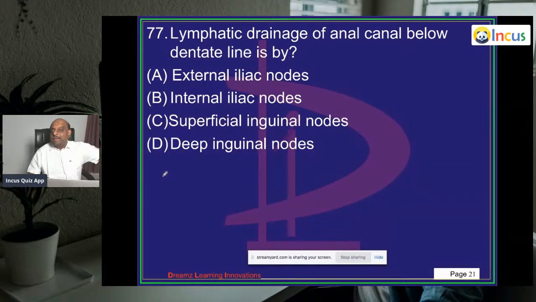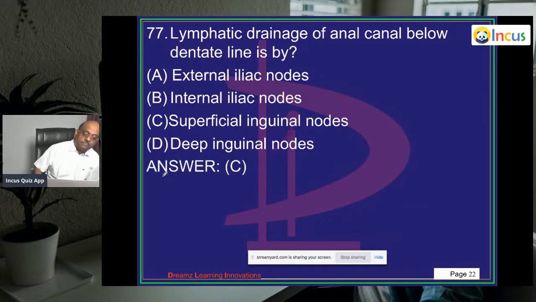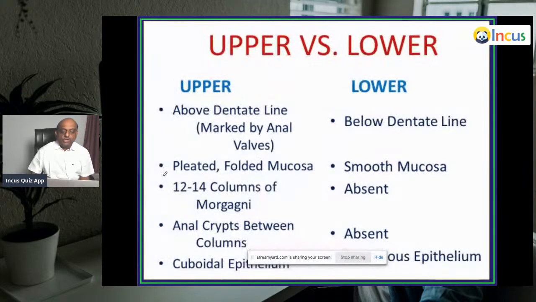Lymphatic drainage of the anal canal, one of the favorite questions in entrance. Above the dentate line, below the dentate line, you have to be 100% sure, doctor. So you should know, above the dentate line, there are a lot of anal valves.